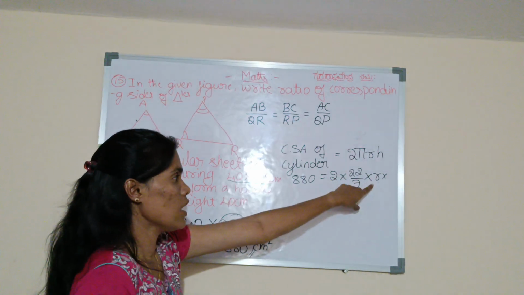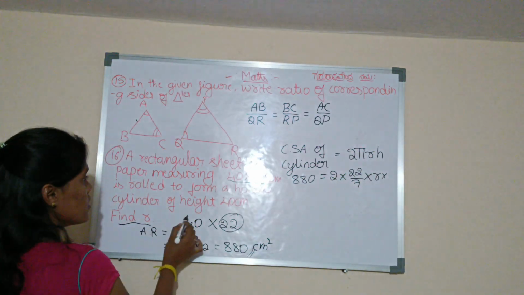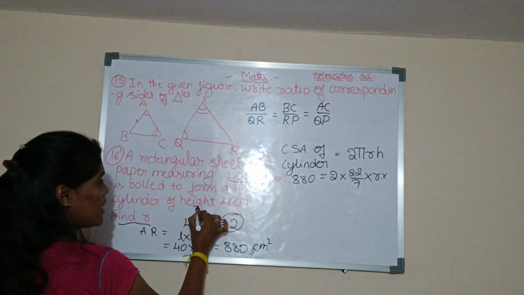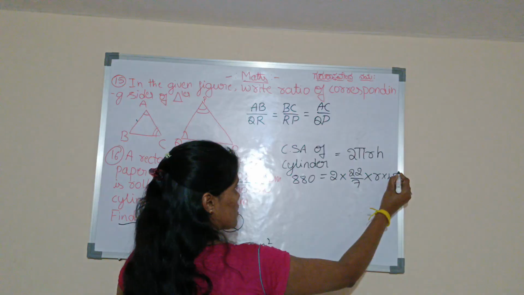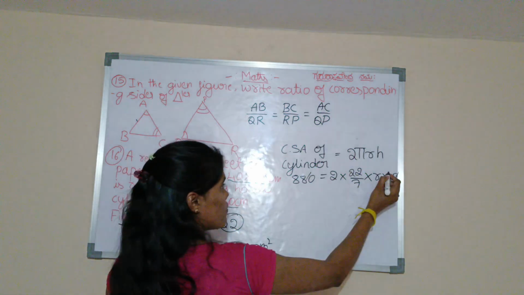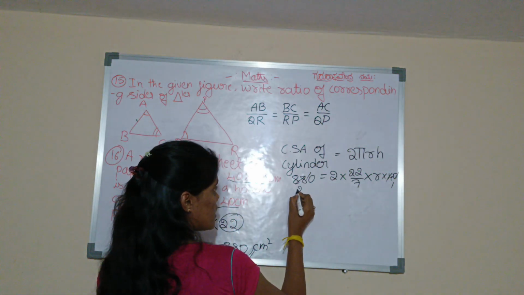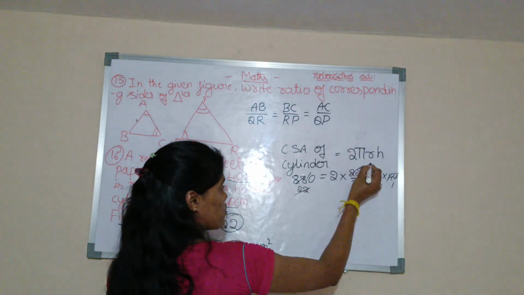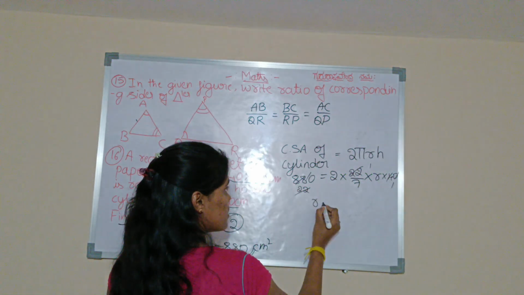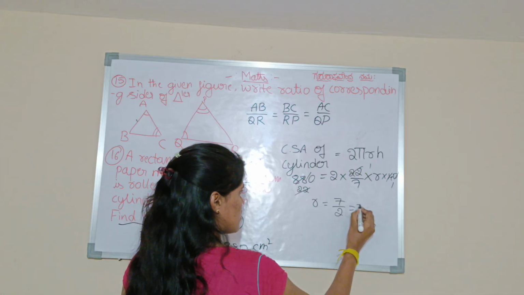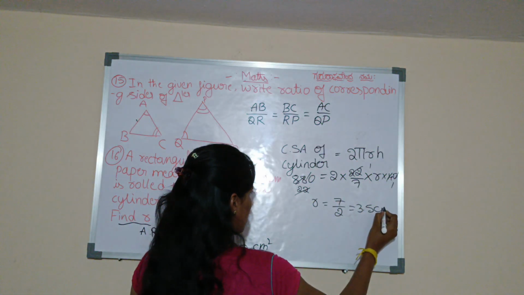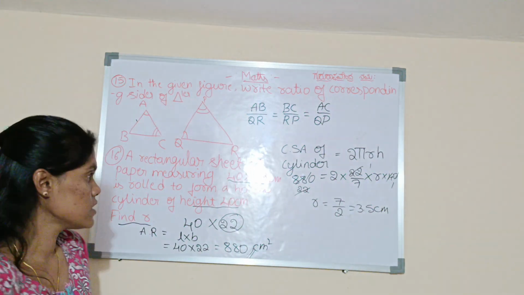The hollow cylinder's height H is given as 40. The zeros get cancelled, 22 and 22 get cancelled. Then R is equal to, going with the reciprocal, 7 by 2, that is 3.5 centimeters. The R value will be 3.5 centimeters.